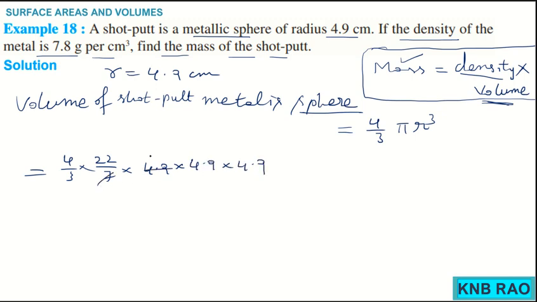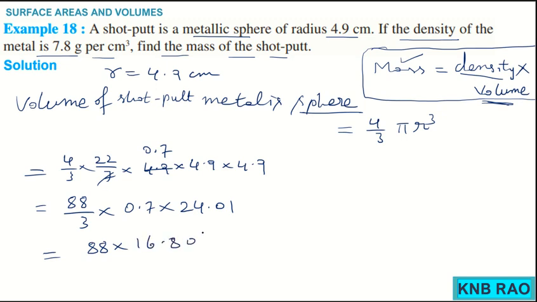Now this 7, 0.7 times gives you 4.9. Now the product of this, we will do it here. 4 22s are 88 by 3 into 0.7 into 4.9 multiplied by itself is 24.01, multiplied by 0.7 gives you here 88 into 16.807 by 3.